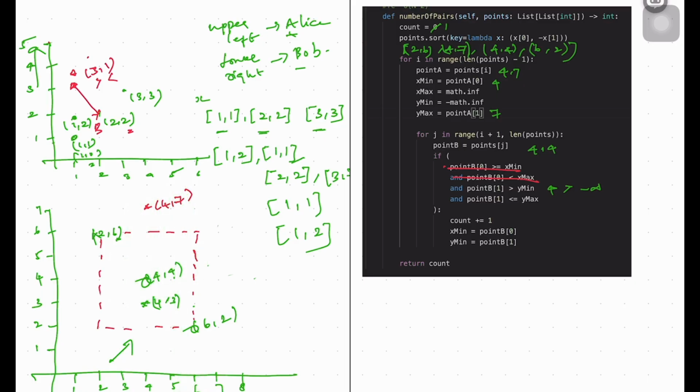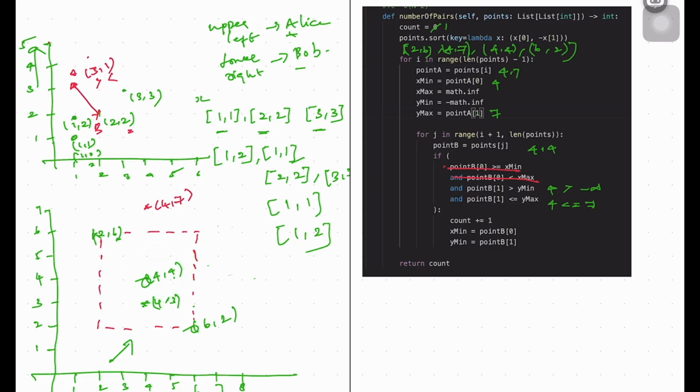Now point b of 1 is 4, which is less than or equal to 7. 4 should be lesser than 7 and greater than your previous y min. That's it. So now you got this point. Now this is your new point A.